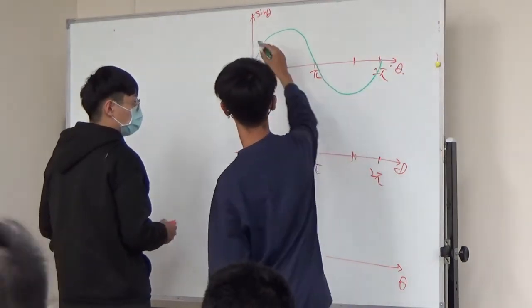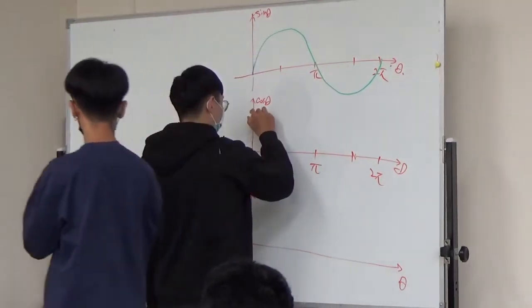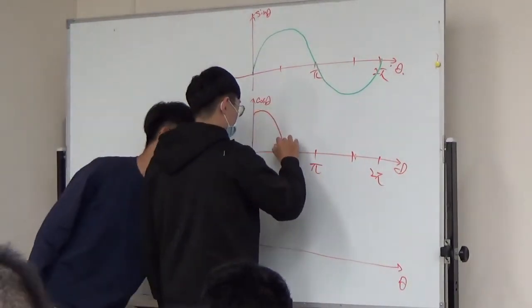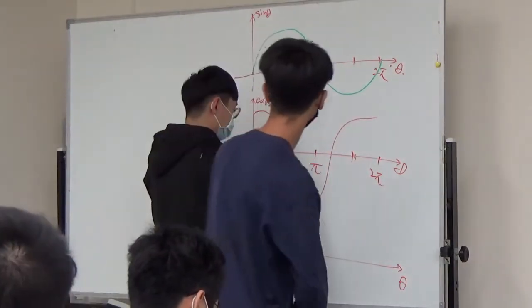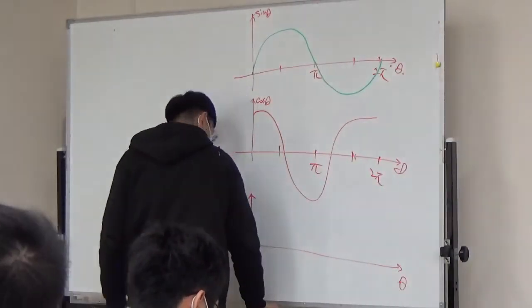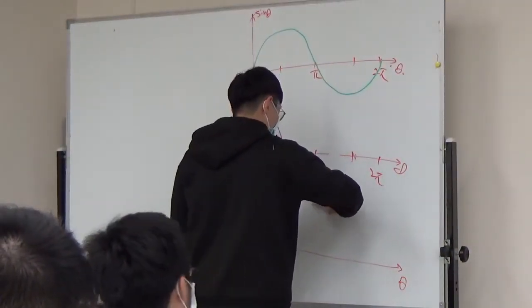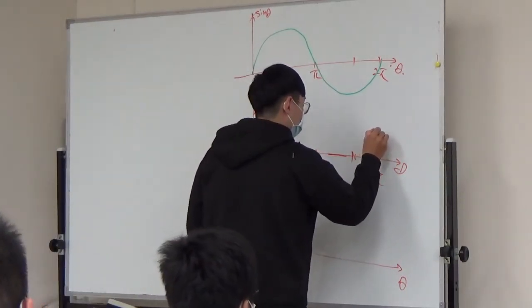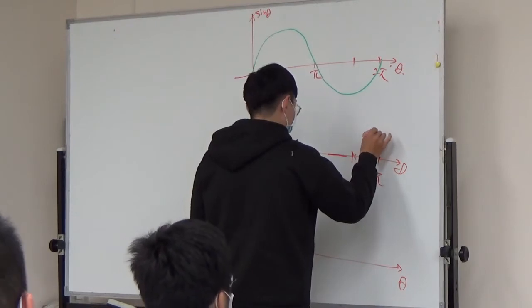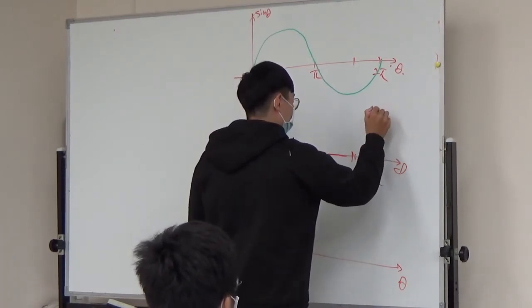So 2 and 2. I want a beautiful picture. You want 2 pi, I want a beautiful picture. I want you to draw it more accurate. Cosine is harder, right? Sine is easier.